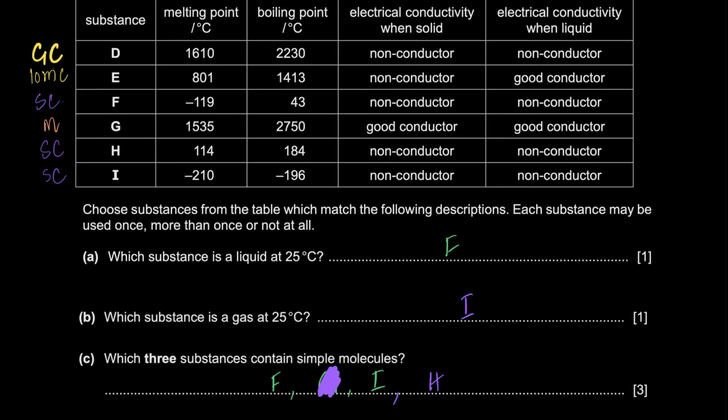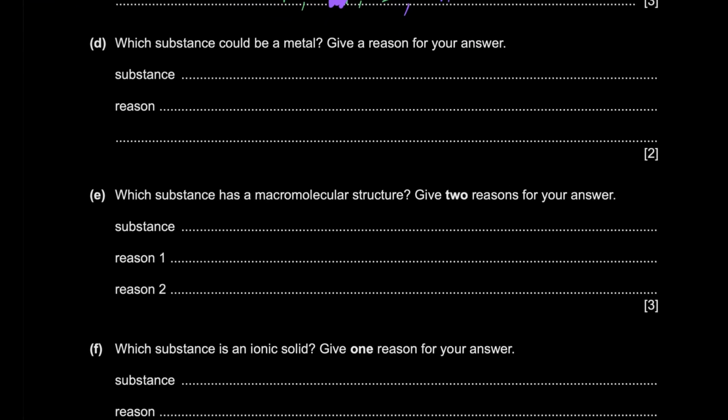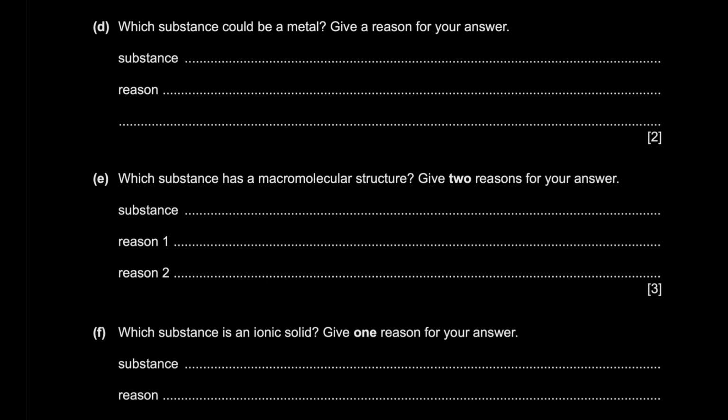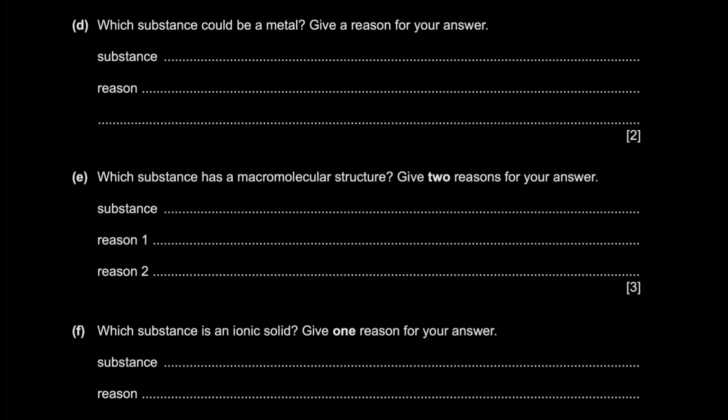Moving on to the next part, let's take a look at D now. Which substance could be a metal? Give your reason. A metal will be a conductor of electricity as a solid.